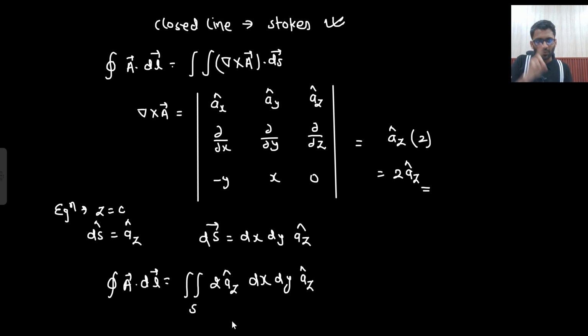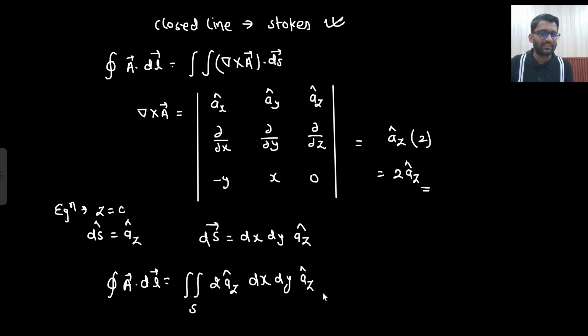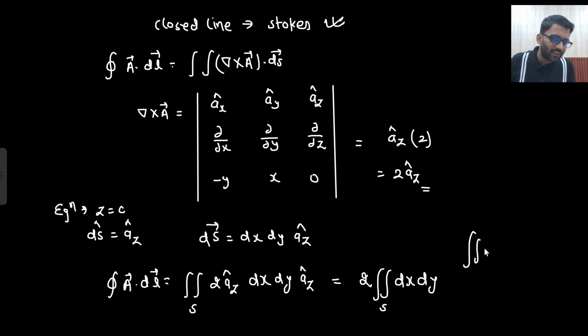Now we take the strip, right? But do we need to take the strip in this example? Let's see what will happen. Az cap dot az cap will be 1. So what are we going to get? 2 then dx dy.